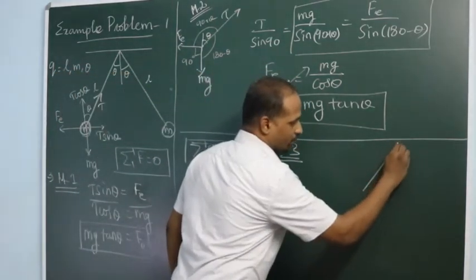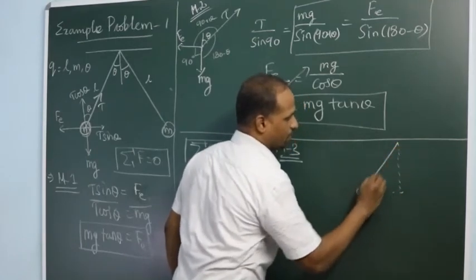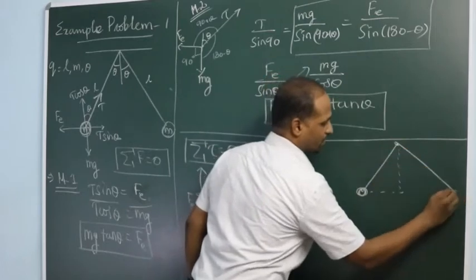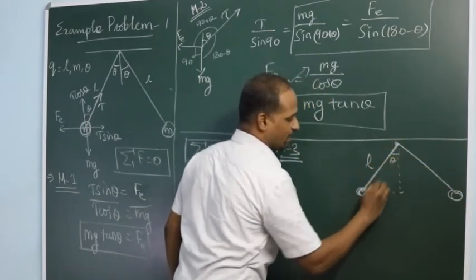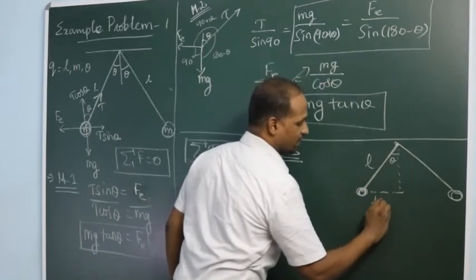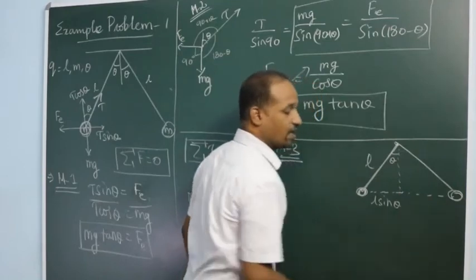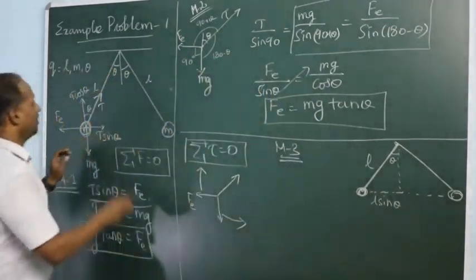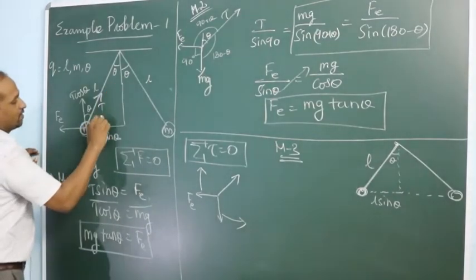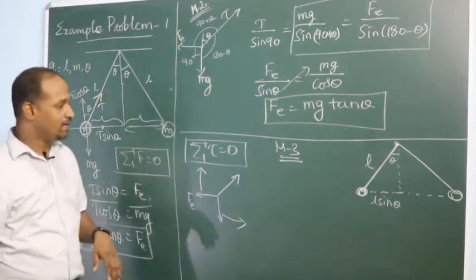Then this sphere and the other sphere is here, and this length is L, this angle is theta, then this distance is L sine theta, and this distance is again one more L sine theta. I hope you know the distance between the spheres, we can't simply write R here. Because of this, it is L sine theta and it is L sine theta, totally 2L sine theta.